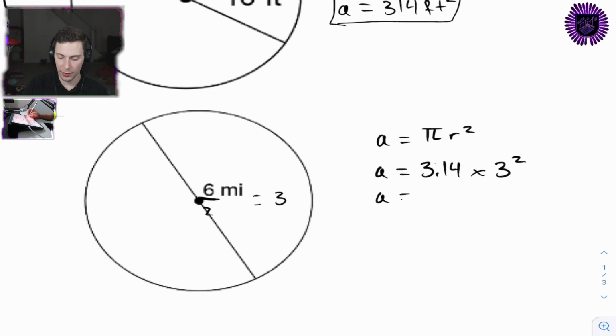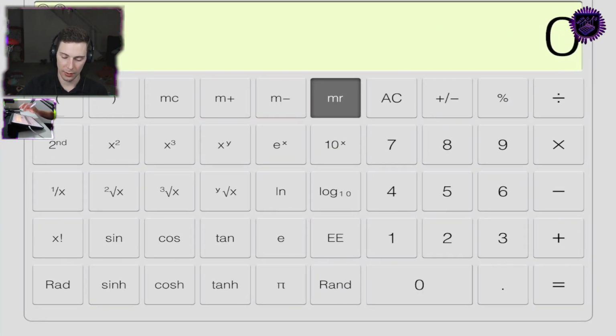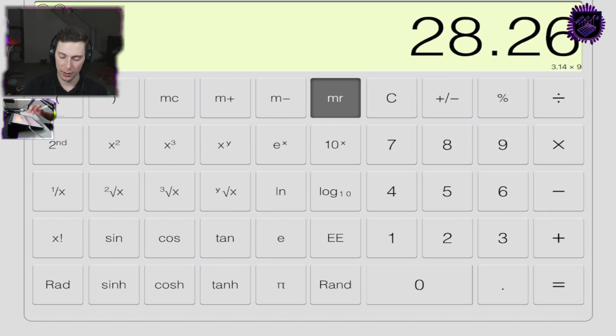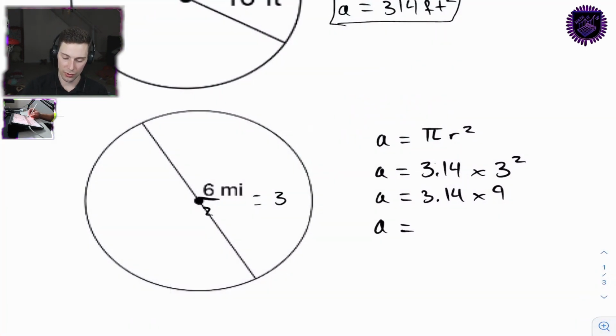Our area is equal to 3.14 times 9, 28.26 miles squared.